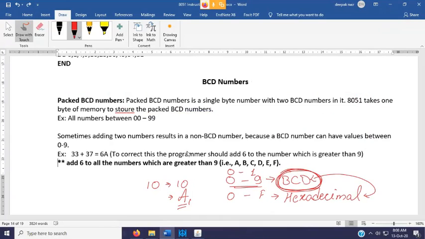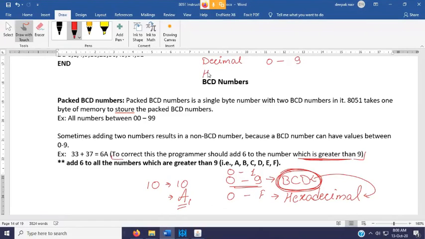Okay, remember this particular line. Whenever we want to convert any hexadecimal number to its equivalent BCD number, remember, if any number is greater than 9, like A, B, C, D, E, F, those are greater than 9. In decimal, we have 0 to 9.